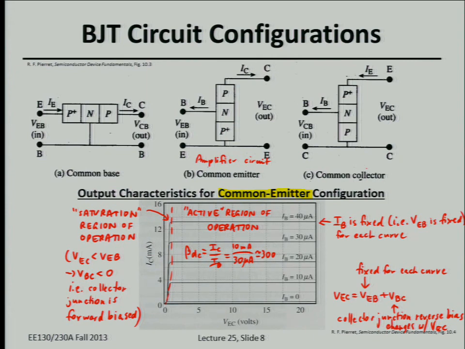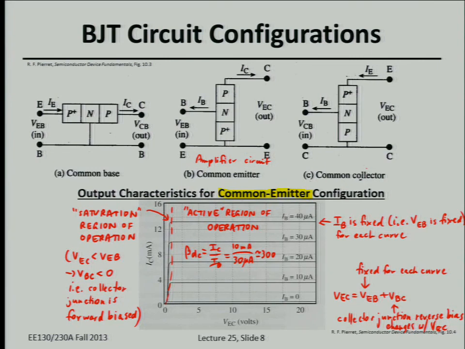Okay, so just the terminology might be confusing, but basically if you go to very low VEC, what that means is that if VEC is actually less than the forward bias on your emitter, then that means VBC is less than 0, is negative.